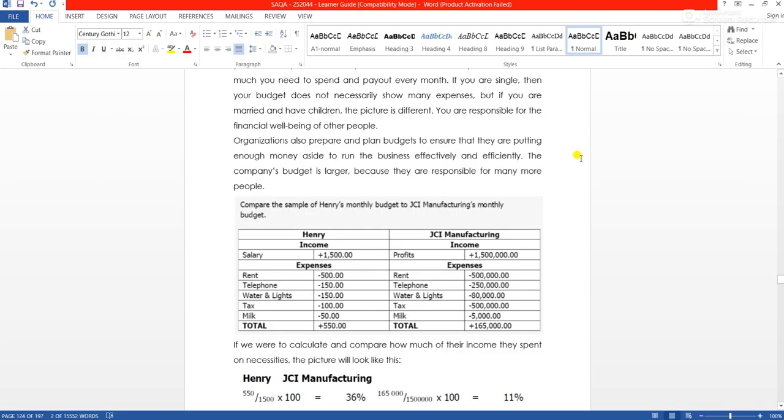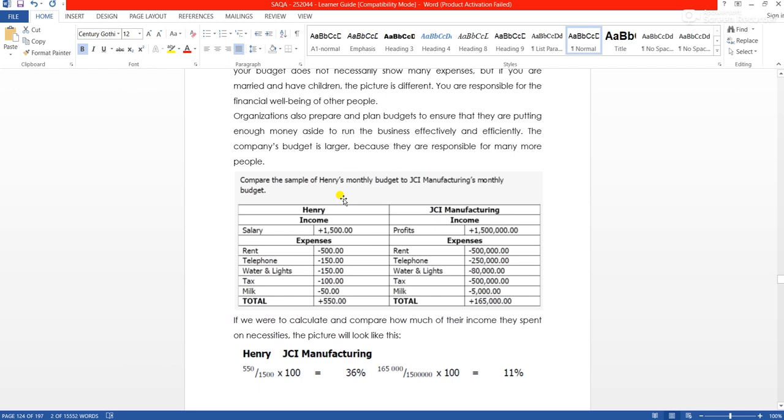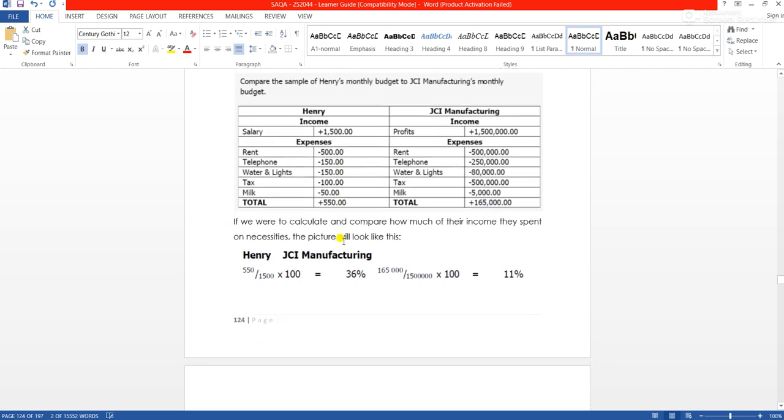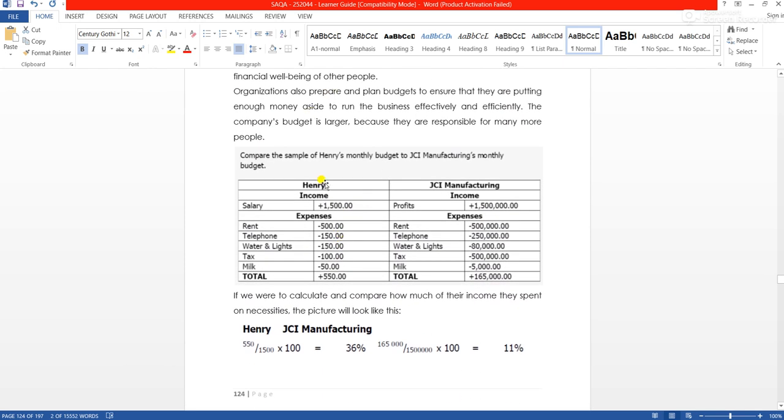Okay, so on your learner guide on page 124, there's an example of comparing a budget of an individual to a company. This individual Henry works for this company, and he gets paid 1,500, and the profits of this company are about 1.5 million.